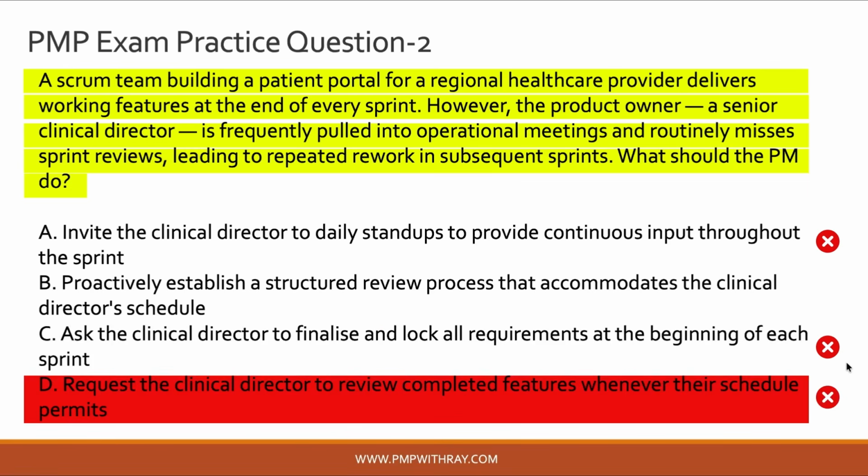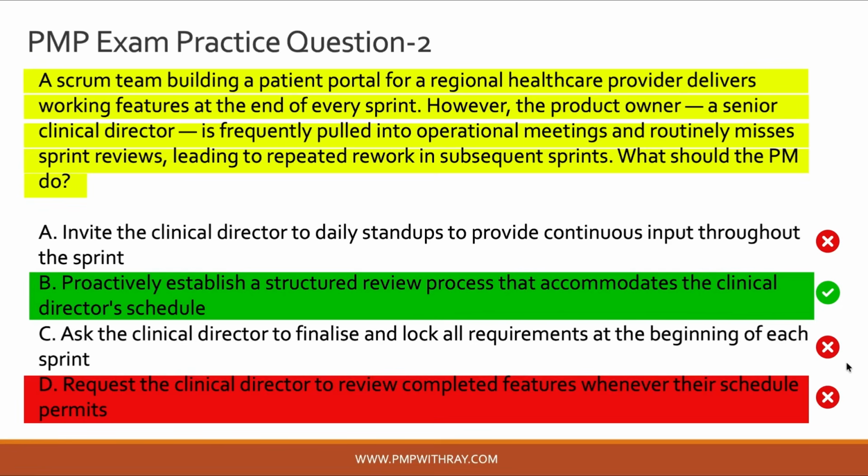So the correct answer to this question is option B, and this is where proactive stakeholder management, or stakeholder engagement, comes in. A good PM doesn't just accept that a key stakeholder is unavailable, right? They really plan around it. Maybe that means scheduling sprint reviews weeks in advance. Maybe it means sending recorded demos with structured feedback forms for offline reviews.